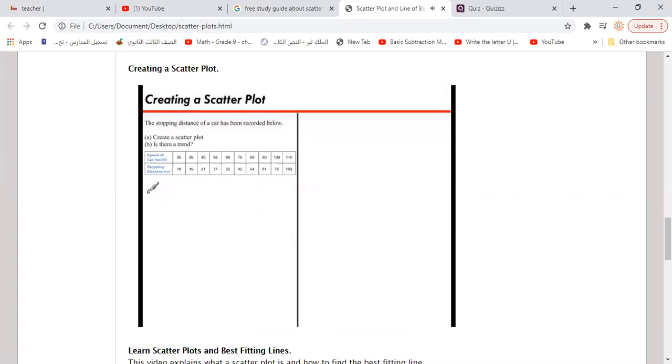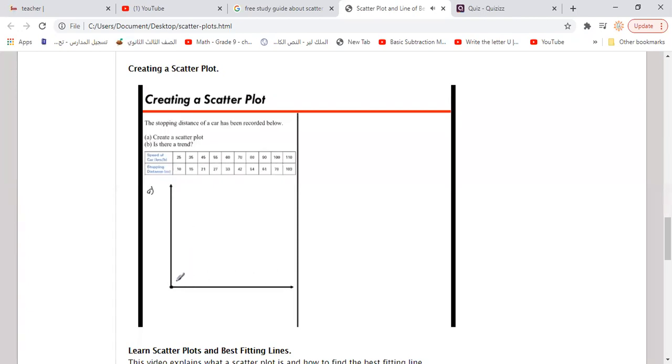Like most graphs, a scatter plot requires that we make an X and a Y axis. So let's make those first. Here's our X-axis, and it has an arrow on the end to show that it continues on. And we have a Y-axis that goes up, and it has an arrow also. The first row, the speed of the car, will be our X-axis down the bottom.